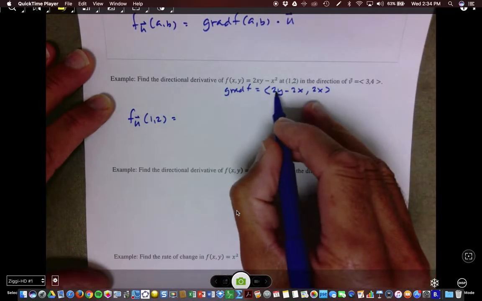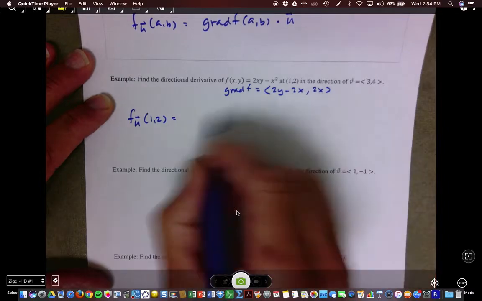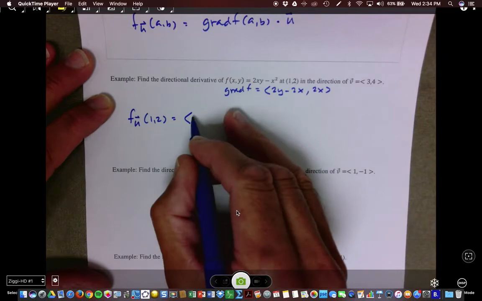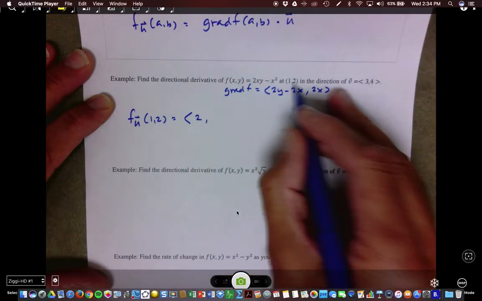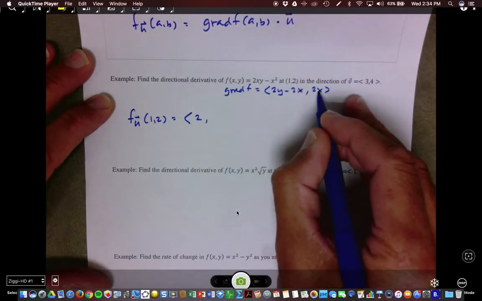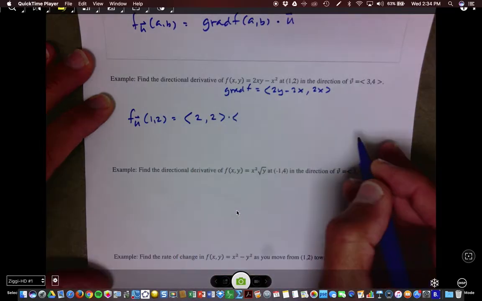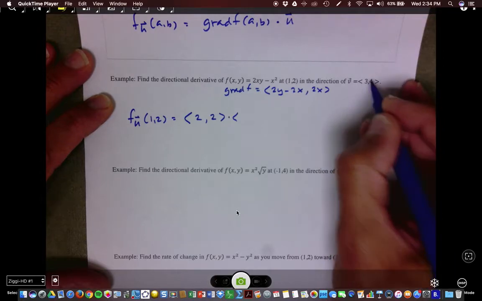Then I need to find the gradient at this point (1, 2). If I plug in y equals 2 and x equals 1, the first component is going to be 4 minus 2, which is 2. The second component is going to be 2 times 1, which is also 2. Then I'm going to dot that with a unit vector in this direction.